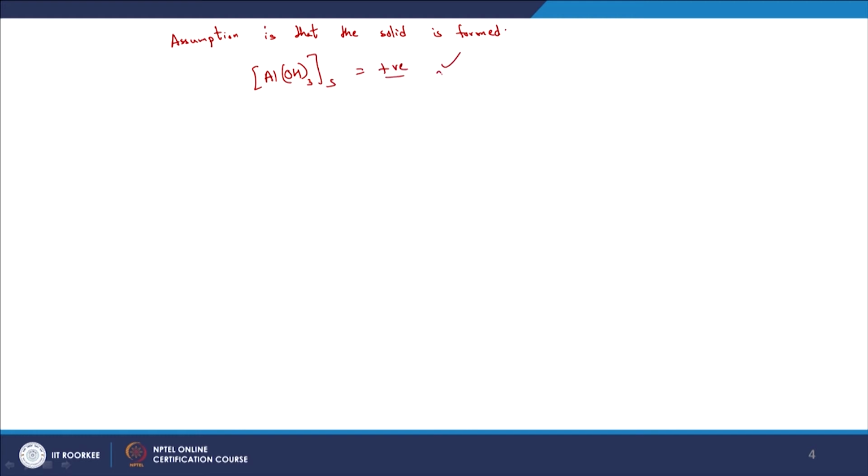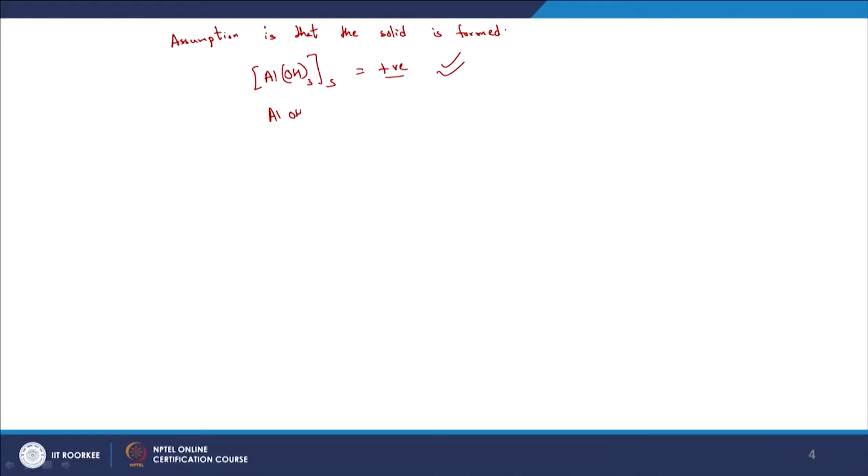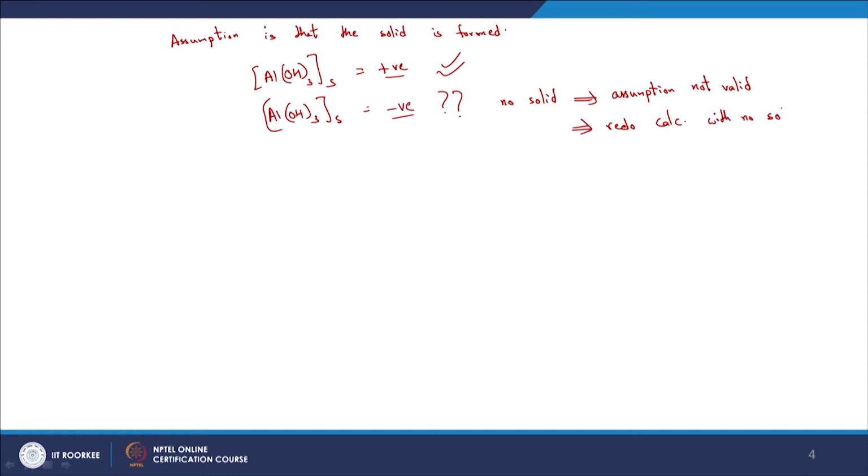Okay, that means a true solution has been arrived at. But if I end up with a negative value for Al(OH)3 solid, what does a negative value mean? That means no solid is formed, so the assumption is not valid. What does that translate to? That you need to redo your calculations with no solid.